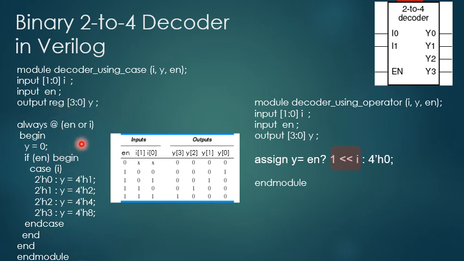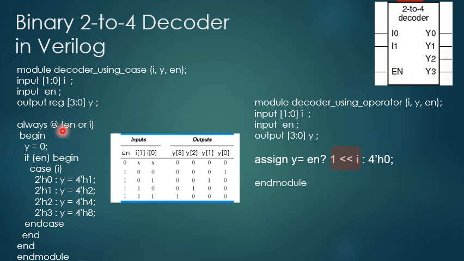Okay, so after the always construct here, in the sensitivity list you put the signals that will determine the output of the decoder. From the diagram here you can see that the signals that determine the output Y will be I and enable.